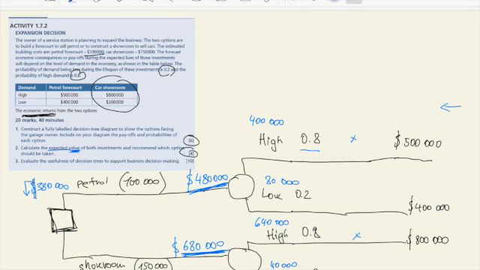For the showroom, it's going to be $680,000 minus 150,000, which is $530,000. Now we write it down at the very end, and since one of them is higher, that one is the option that we should take. And the option that we do not take, we actually cross with 2 lines. And that's how we indicate that we are not choosing that particular option.